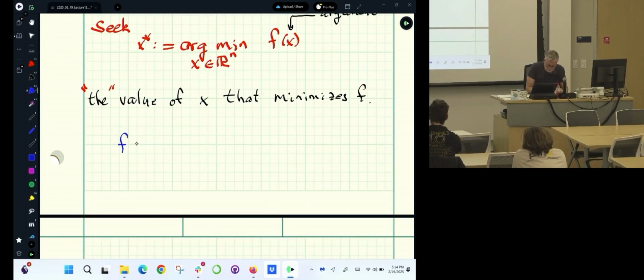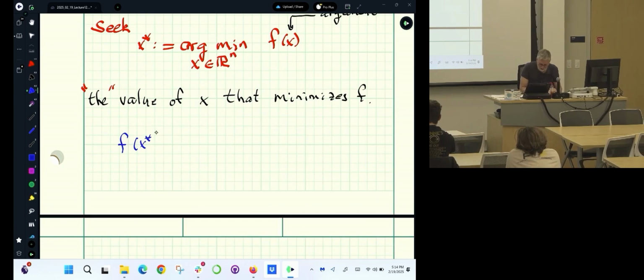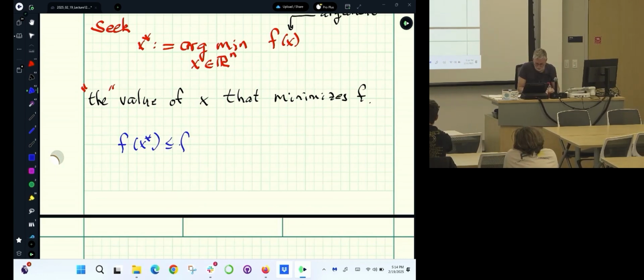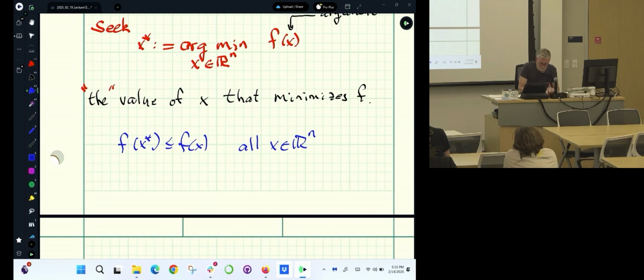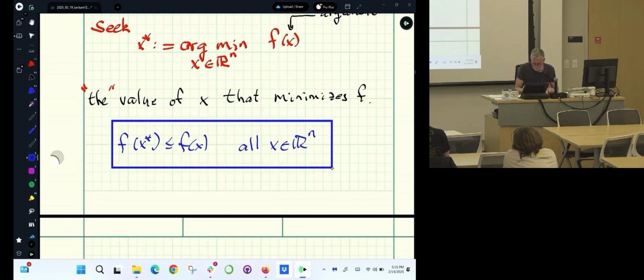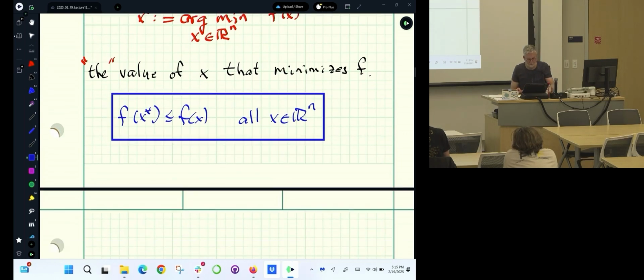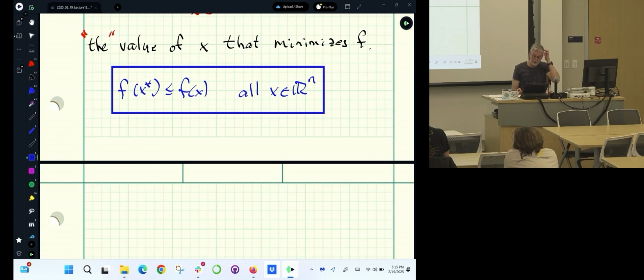So we want f of x star to be less than or equal to f of x for all x in Rn. So that's what it means for x star to be the arg min.